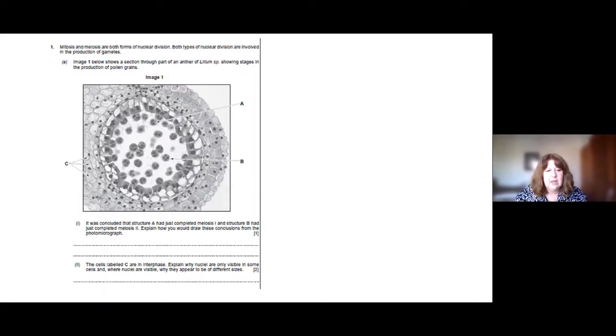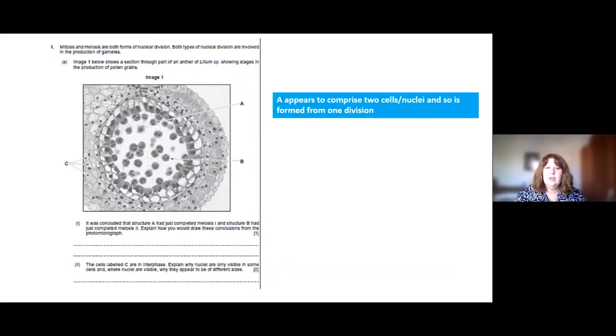It says it was concluded that structure A had just completed meiosis 1 and structure B had just completed meiosis 2. Explain how you would draw these conclusions from the photomicrograph. I'll just pause and you think about what I said when we looked at the images earlier on. Okay, so now here we go.